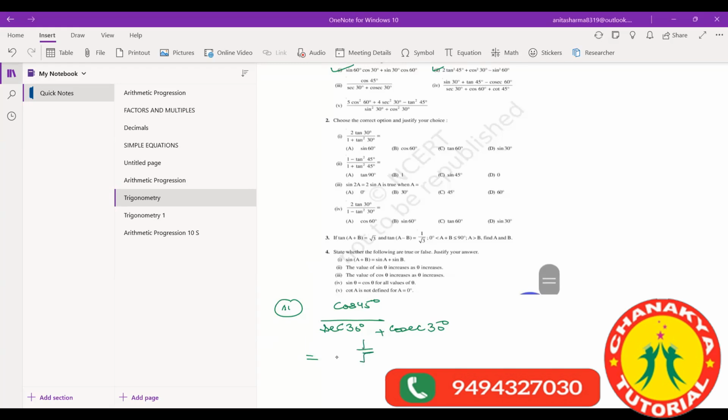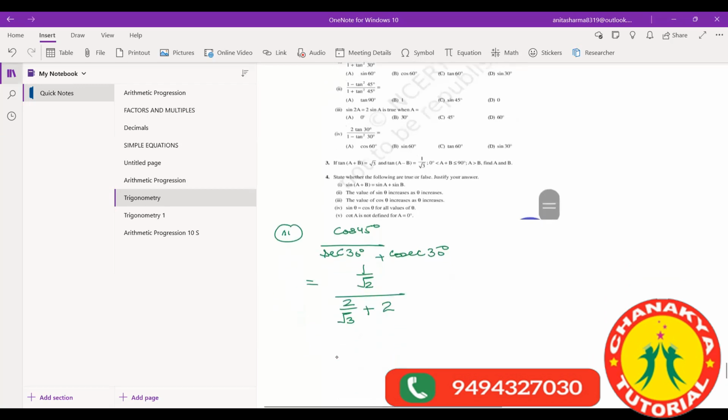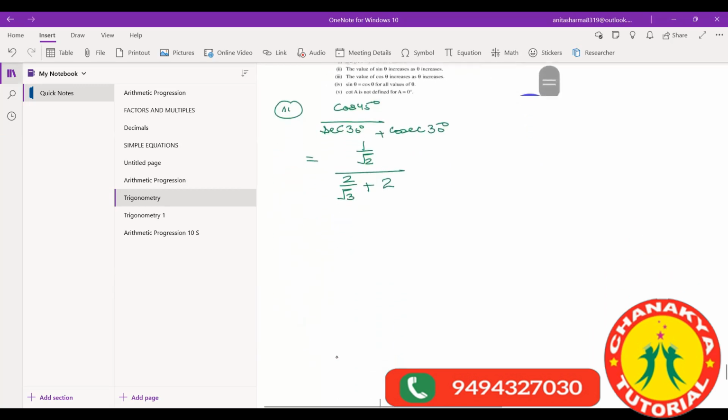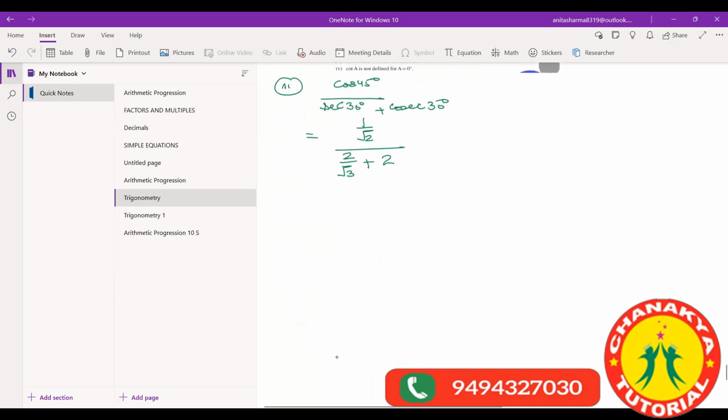Yes, 1 by root 2. Kashvi, tell me value of sec 30. Ma'am, 2 by root 3. Yes, 2 by root 3. Good, beta. Now, Dhriti, value of cosecant 30? 2, ma'am. Good. So, after putting these values, children, we will do the simplification part.